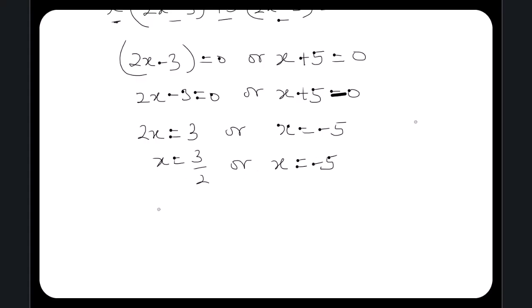You can conclude that x is equal to one whole number 1 over 2, or x is equal to minus 5. So these are the roots of the equation 2x squared plus 7x minus 15 is equal to 0.